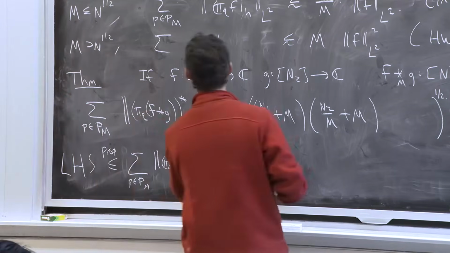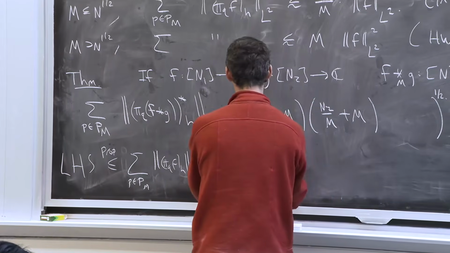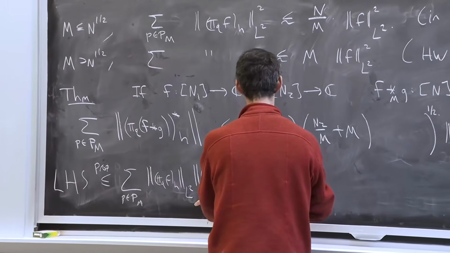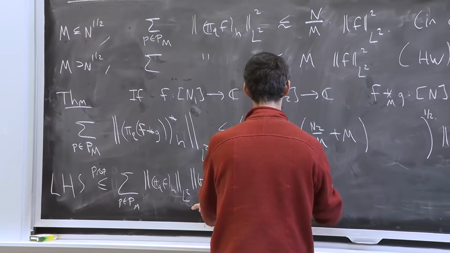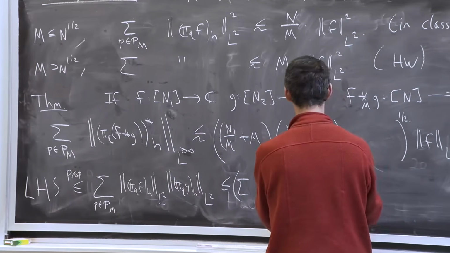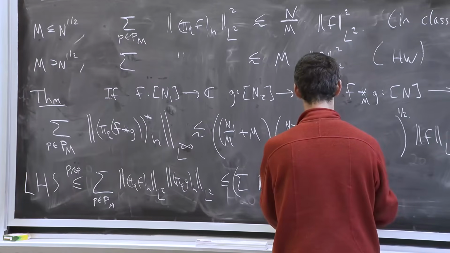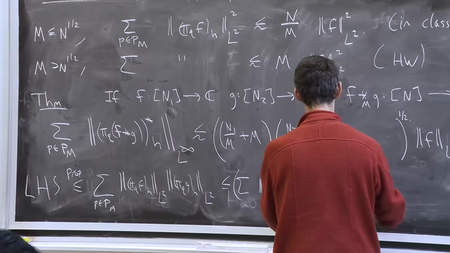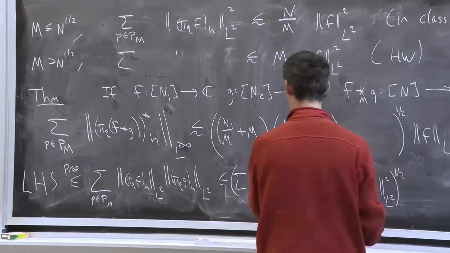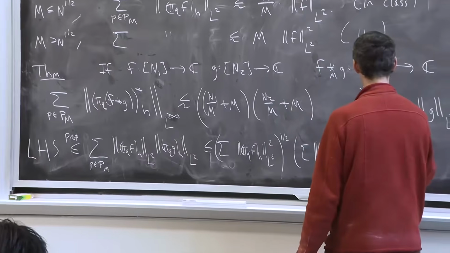And then this looks a lot like the input of the large sieve. So if I Cauchy-Schwarz it, I get the sum of pi q of f high L2 squared to the 1/2, and then the sum of pi q of g high L2 squared to the 1/2. And then I apply the large sieve.